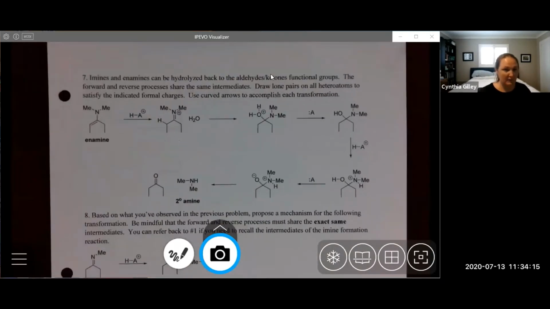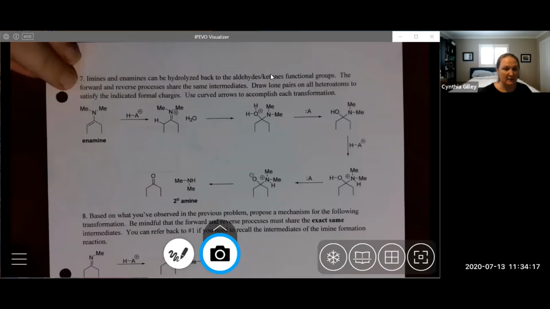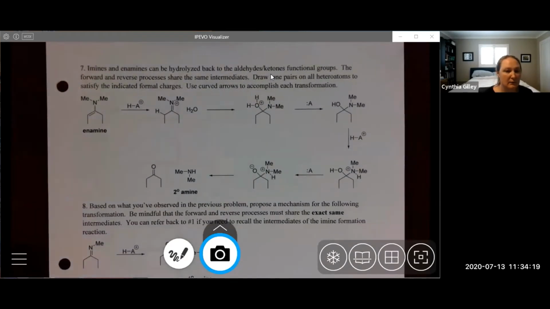Okay, so now we're doing reverse, because the reaction to form an imine or an enamine is reversible, and it's controlled by carefully choosing the correct conditions to favor the direction of the reaction. For example, in the forward direction to form the enamine, we would want to have a catalytic amount of a concentrated acid.